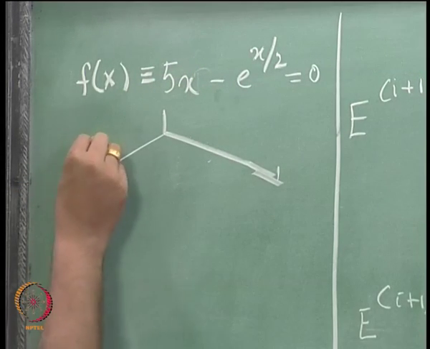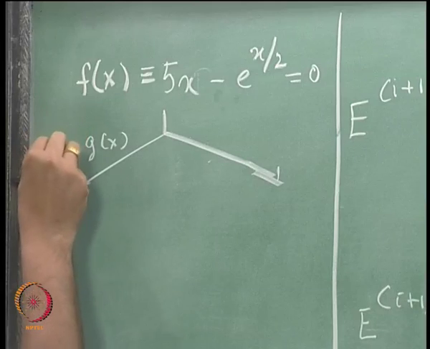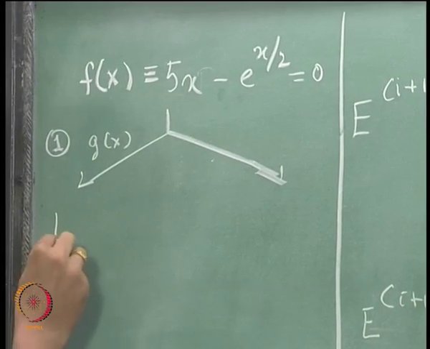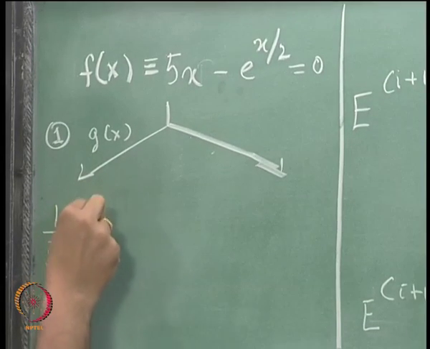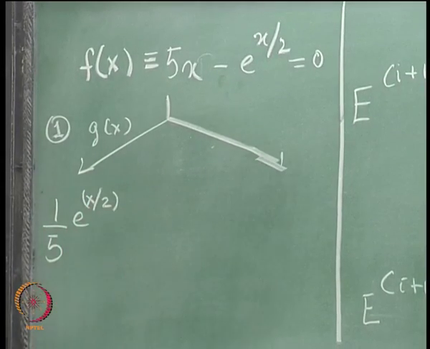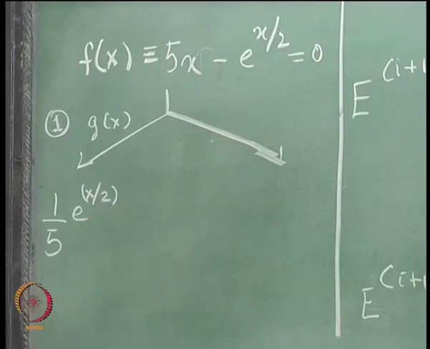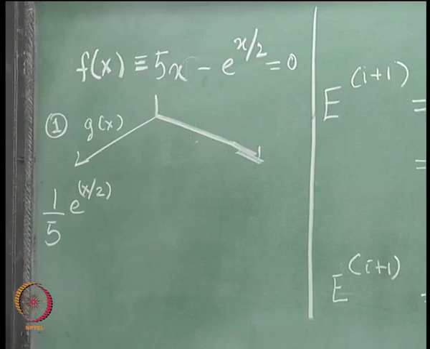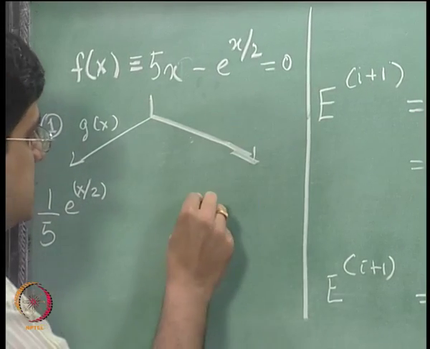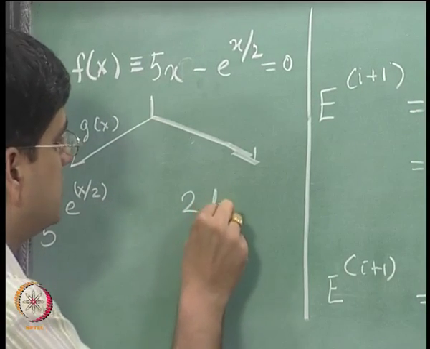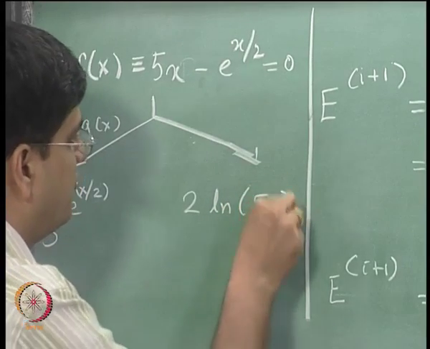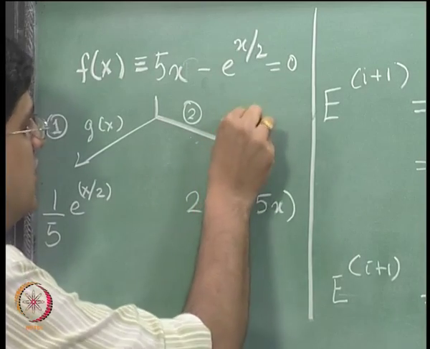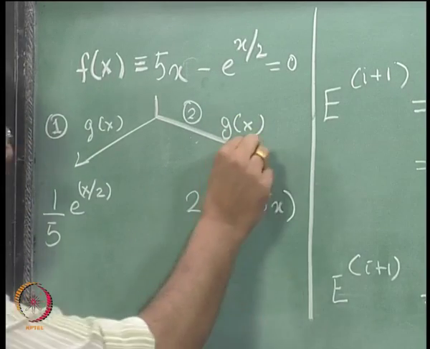So our g of x for the first case is going to be nothing but 1 by 5 e to the power x by 2, and in the second case we take this to the other side and take a logarithm on both sides, and we will get x equal to 2 times log of 5x. That is going to be the second way of getting g of x, okay.